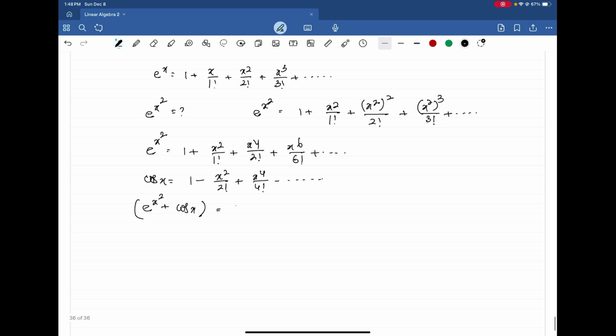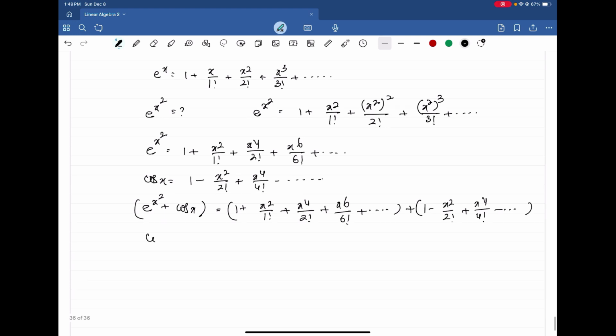That will be 1 plus x square by factorial 1 plus x to the power of 4 by factorial 2 plus x to the power of 6 by factorial 3 and so on, plus cos x, which is 1 minus x square by factorial 2 plus x to the power of 4 by factorial 4 and so on.